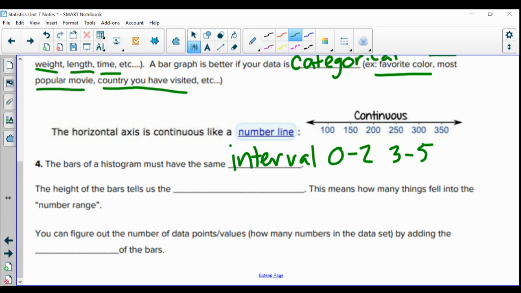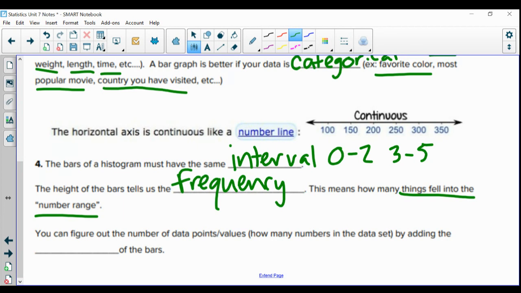The height of the bars tells us the frequency, and frequency is just a fancy word that means how many things fell into the number range. So how many times did you see a number between 0 and 2? Well, if I saw it 3 times, then 3 would be your frequency.